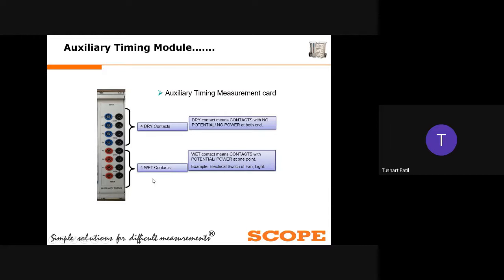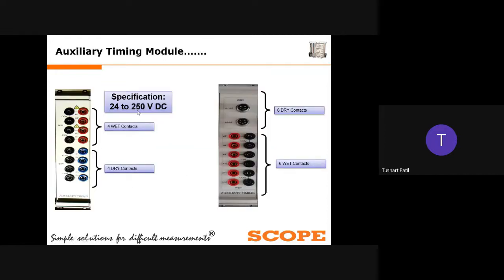We have come up with a solution with dry and wet as configurable. In earlier days, we had given separate circuitry and separate connections for measuring dry contact timing and wet contact timing.